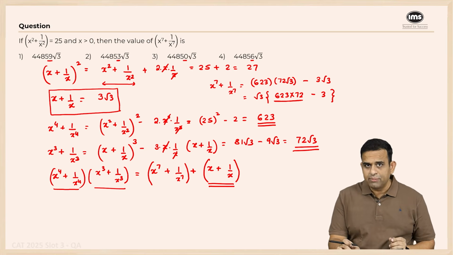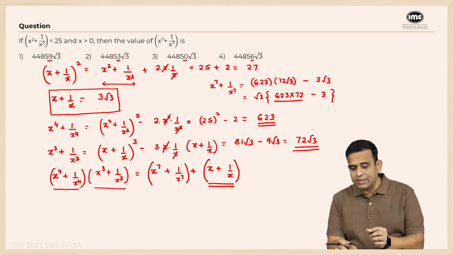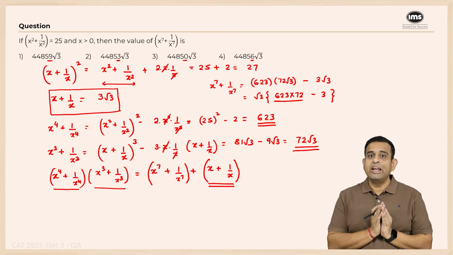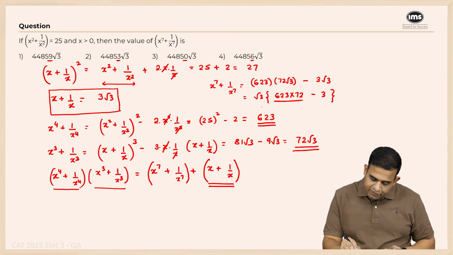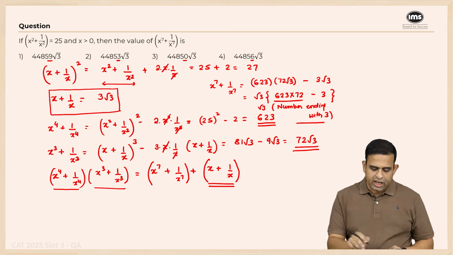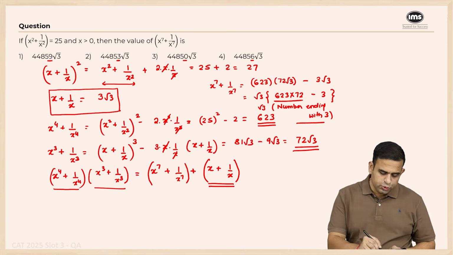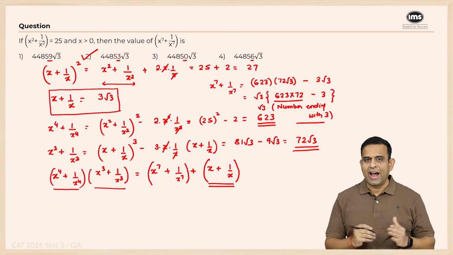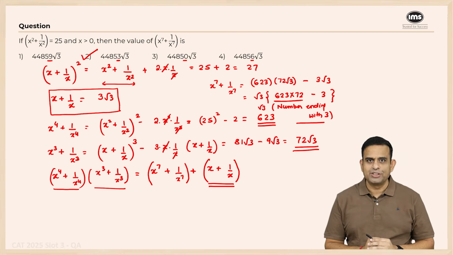And from that number ending in 6, if you subtract a 3, you are going to get a number ending with 3. So this part will give you root 3 times a number ending with 3. And if I look at the given choices, I should choose to mark option number 2 as the required answer for this particular question.